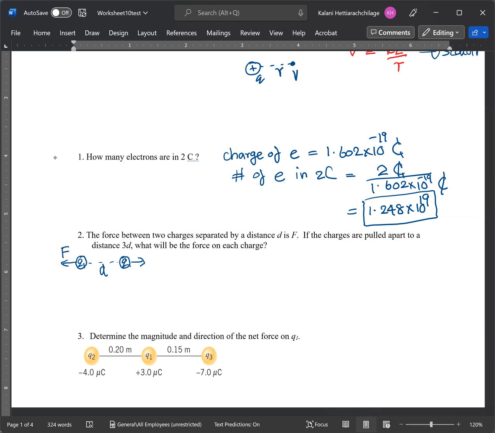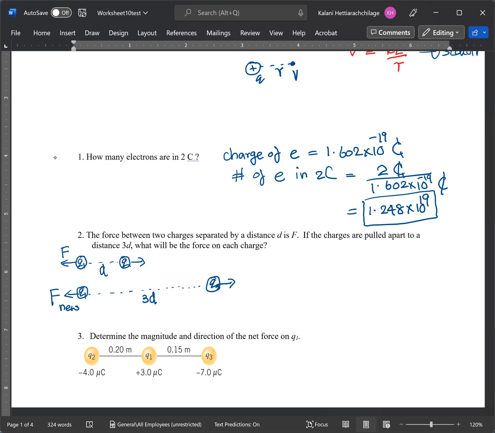And now what you're going to do is keep your Q1 as it is, but drag your Q2 to a distance 3D. Now there is a force, and we're going to call it the new force F, right?